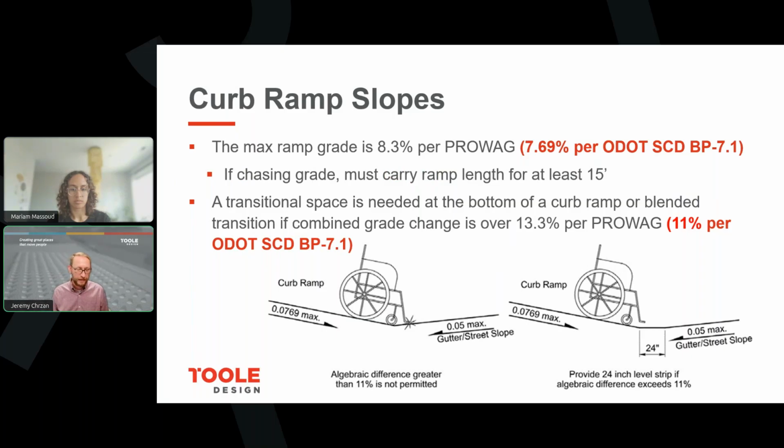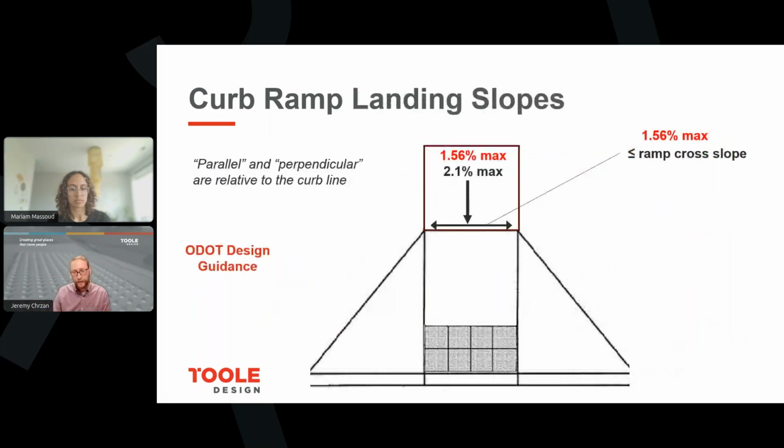Anything more than 15 feet would result in an incredibly long curb ramp that's not very useful to a person with disabilities, so that is the maximum length for a curb ramp. If that meant you needed to provide a 15-foot long slope that exceeded the allowable, that's technically acceptable.